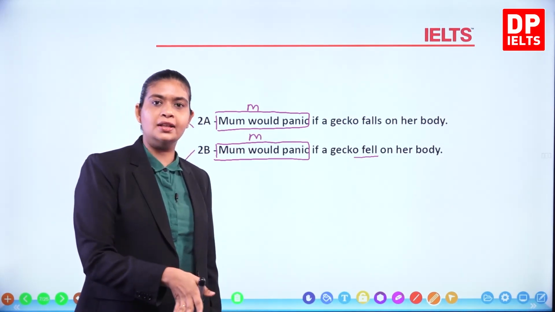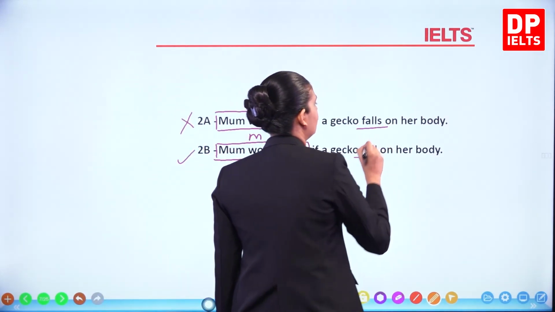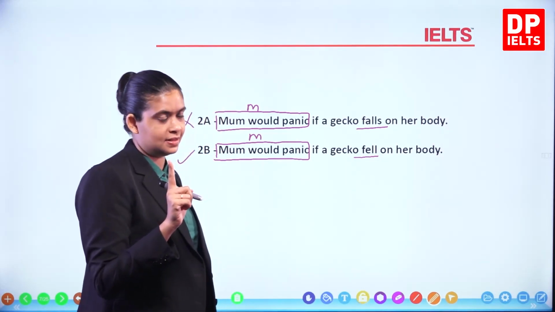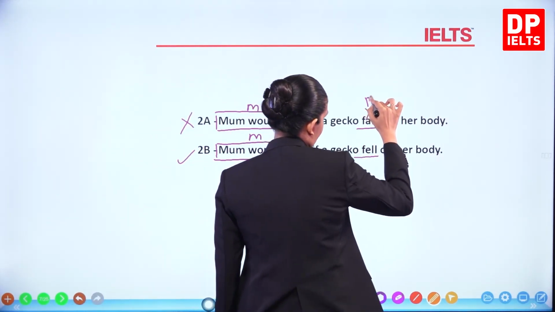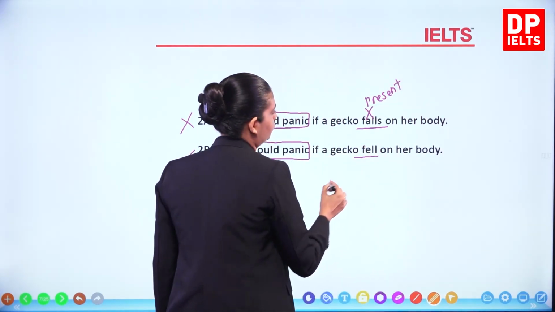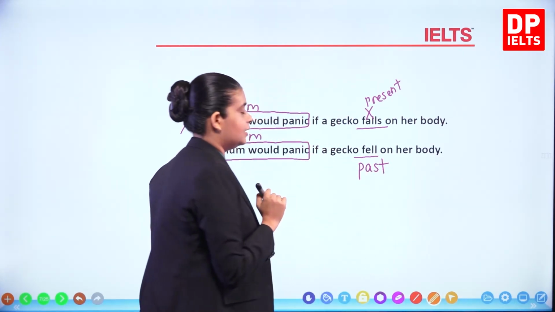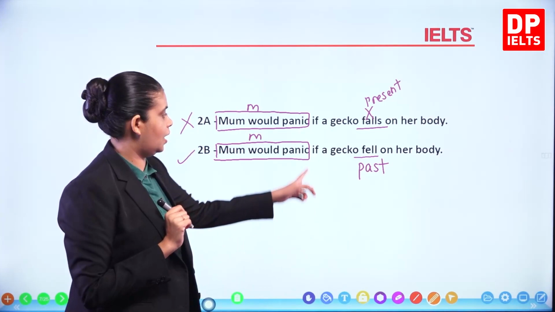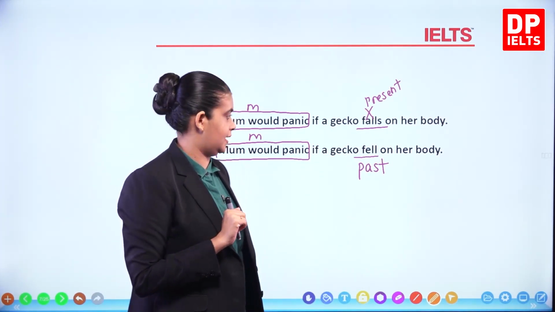If it is unlikely to happen, then we use which tense? The past tense, right? So here falls is present tense. Therefore, it is wrong. You use the past tense for unlikely things to happen. Therefore, if a gecko fell on her body, that is correct.